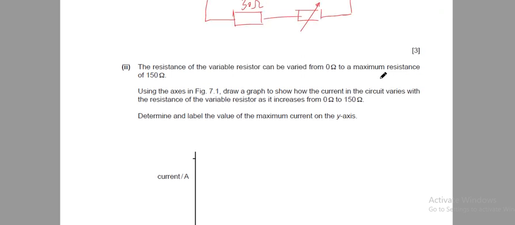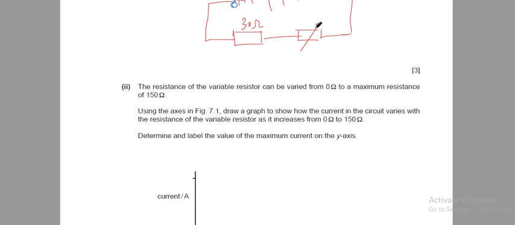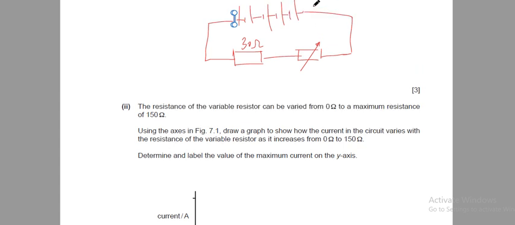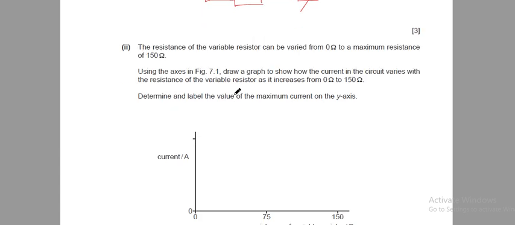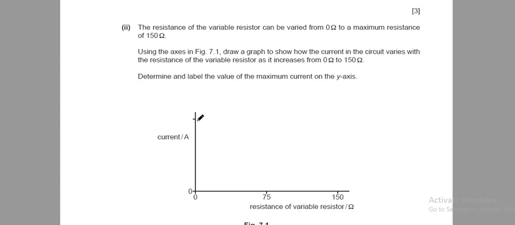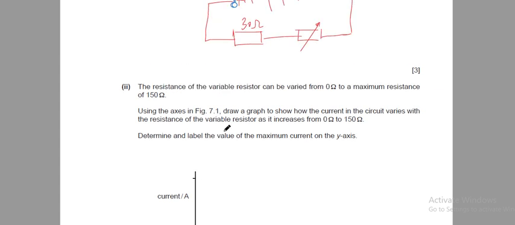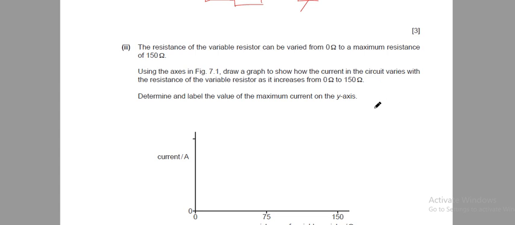So as we increase the variable resistor from 0 to 150, we expect the current to decrease, but at 0, the variable resistor has no existence and only the 30 ohm resistance exists. So at 0, there must be a value for current which is 7.5 over 30. Remember Ohm's law.